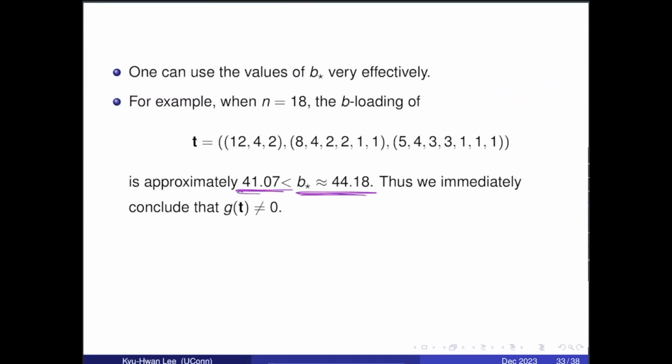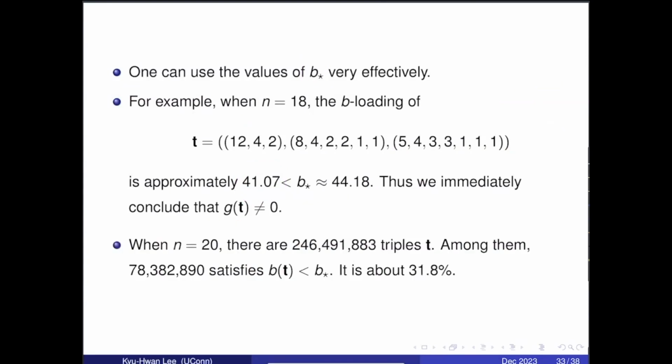So this is less than 41. I'm sorry, the other way around. So 41 is less than 44. So we immediately conclude that the Kronecker coefficient is non-zero. So in this way, this value B star can be used effectively.